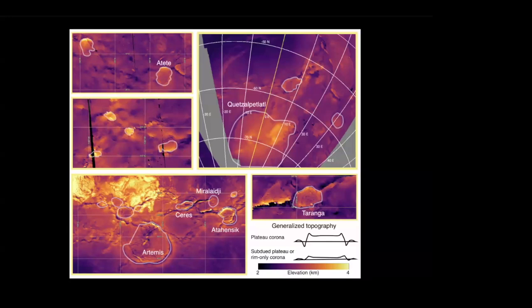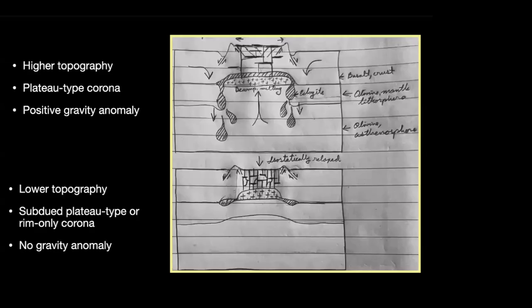trough. The idea is that these might actually be a time series of some sort where you start off with an active corona with high topography, you get this big plateau type, with a positive free air gravity anomaly because of the higher topography. And then when the plume shuts off, or whatever the source of melt shuts off, this thing isostatically relaxes.